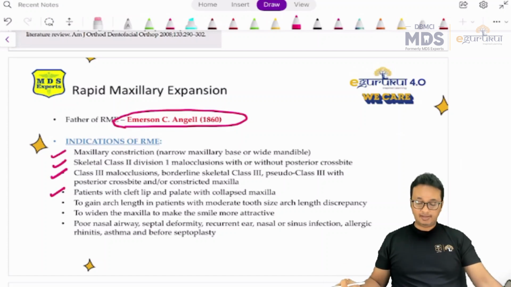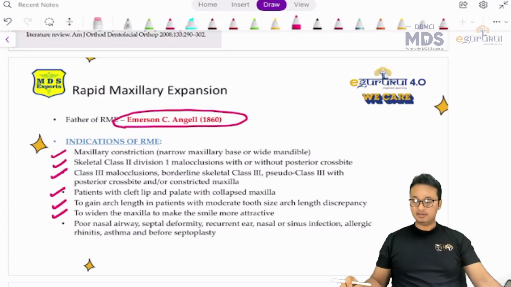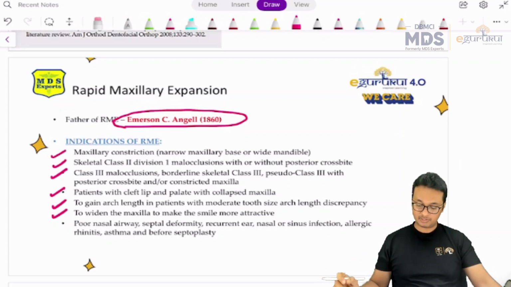Now, it is also indicated to gain arch length in patients with moderate tooth size arch length discrepancy, to widen the maxilla, and to make the smile look more attractive for cosmetic purposes. For cosmetic reasons also, nowadays patients are opting for this procedure.